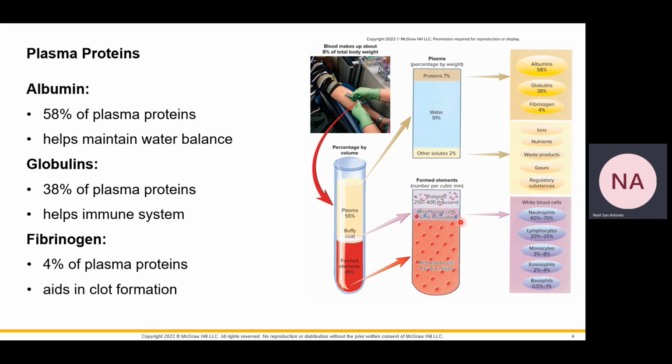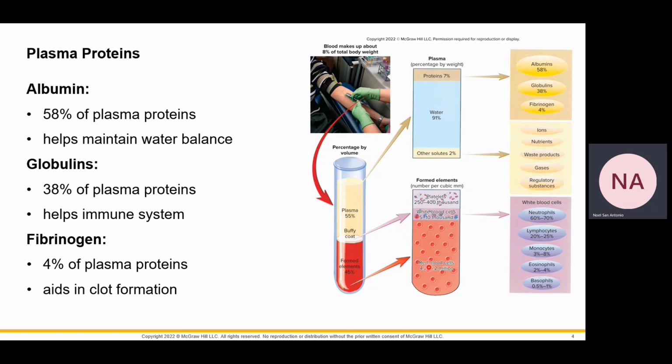As you can see, a normal count for red blood cells is 4.2 to 6.2 million per cubic millimeter of blood, while white blood cells account for only 5 to 10,000 per cubic millimeter. Your platelets account for 250 to 400,000 per cubic millimeter.